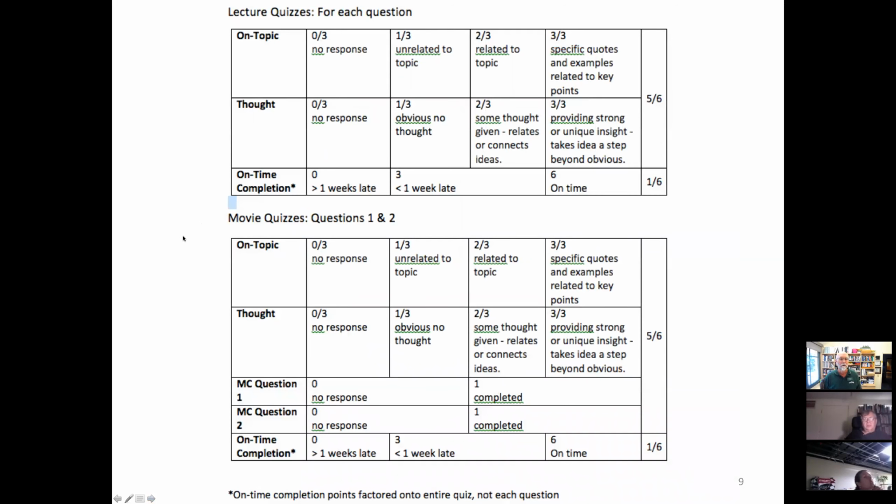So another thing with regards to grading, one of the things that we're going to add to our tracking metric, as I talked about, is some sort of control chart with regards to how you guys are doing on your lecture quizzes, like a quiz on what Nathan talked about, and also on your movie quizzes. Laura and I worked together. We came up with this little rubric here.